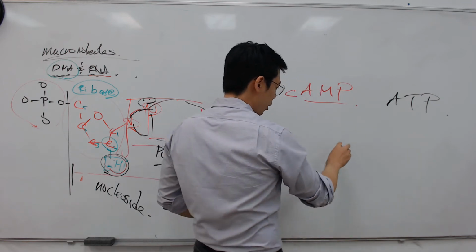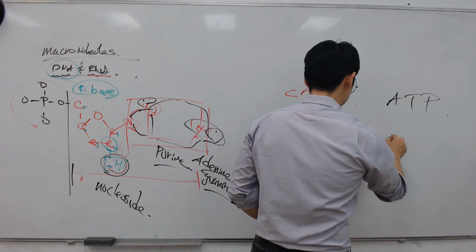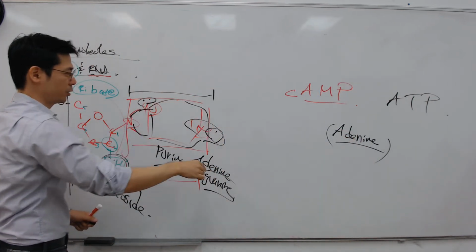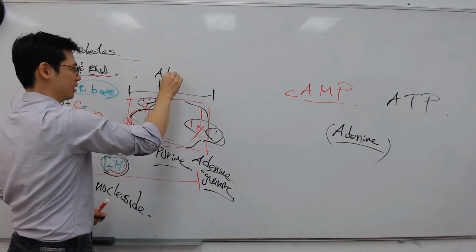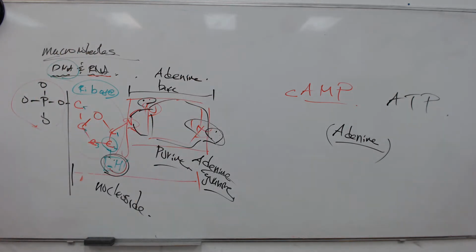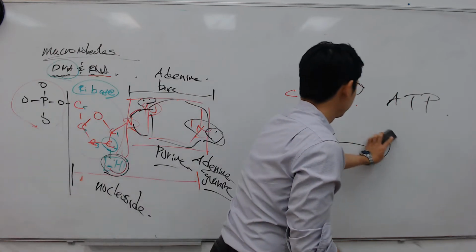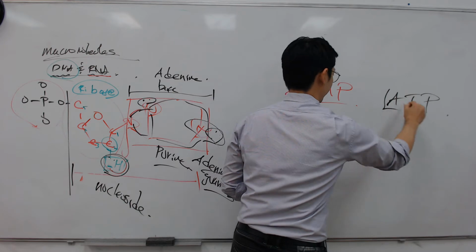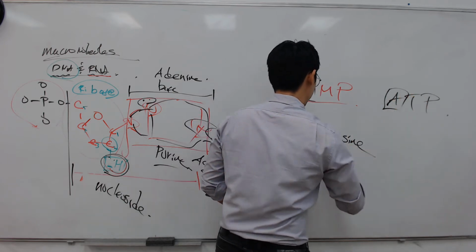You know what adenine is. Adenine is the nitrogenous base here. This is the nitrogenous base, this is adenine. But when they say adenosine, like A, you know what they're referring to?